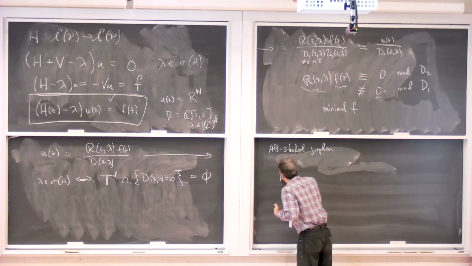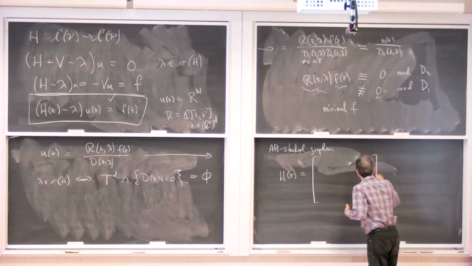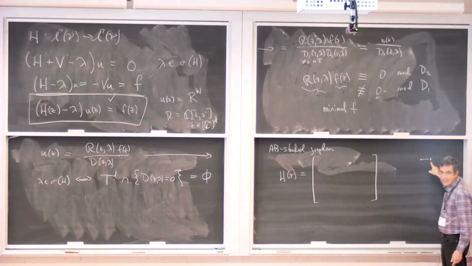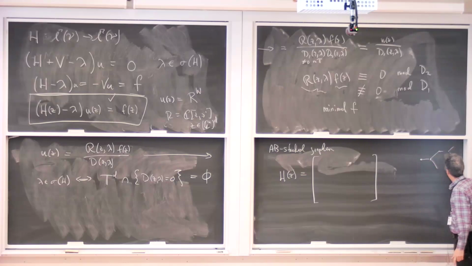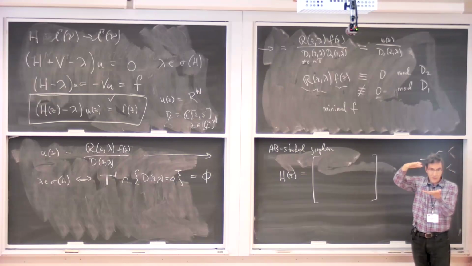I'm going to write down the H of Z for AB stack graphene. So it looks like this. Graphene has a single layer with two vertices, and they repeat kind of like chicken wire. So you take this, repeat it periodically forever, and then you take two copies of it, and you shift one relative to the other.